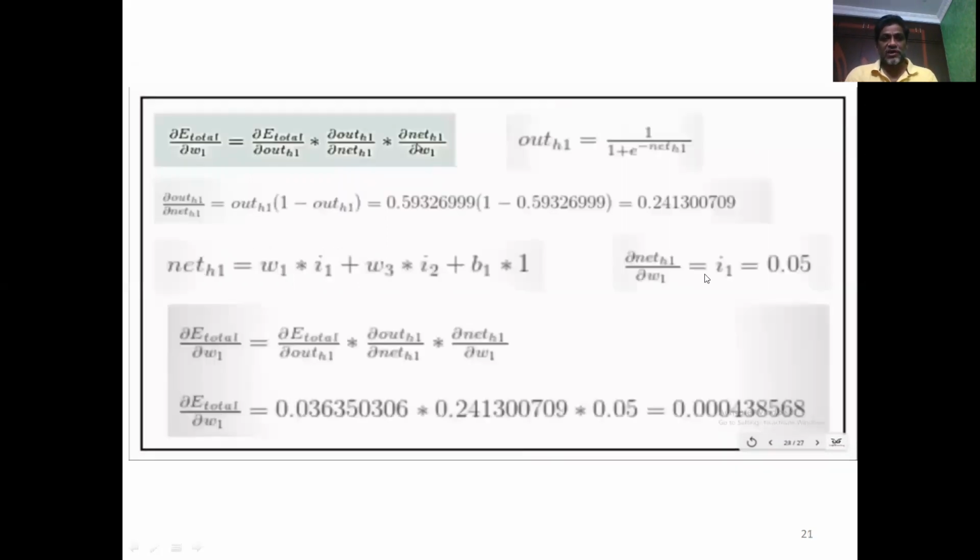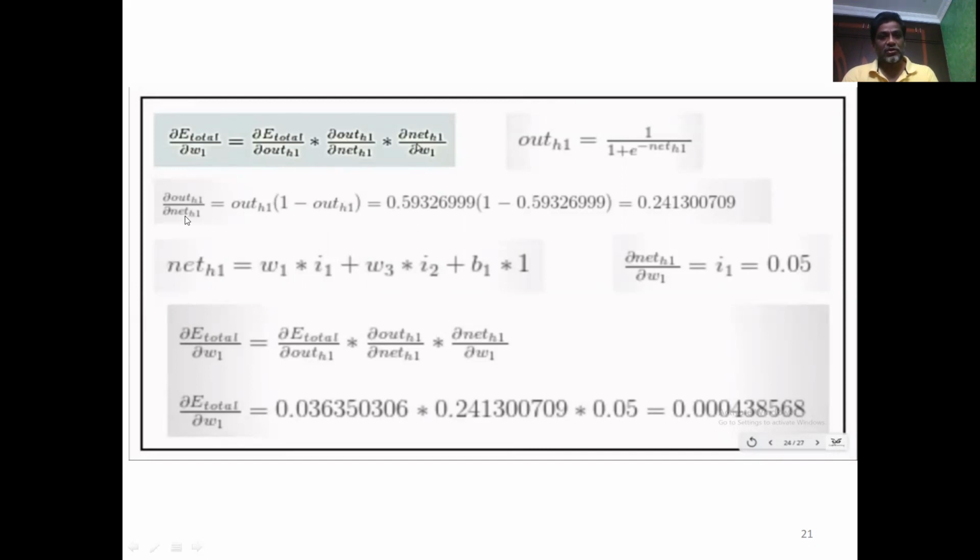Okay, so once we calculate this, we are ready to calculate the actual value of ∂Etotal/∂W1. Because we got this value, this is anyhow going to be outH1 into (1 minus outH1), and this is just going to be the coefficient of W1 in netH1. Okay, right?